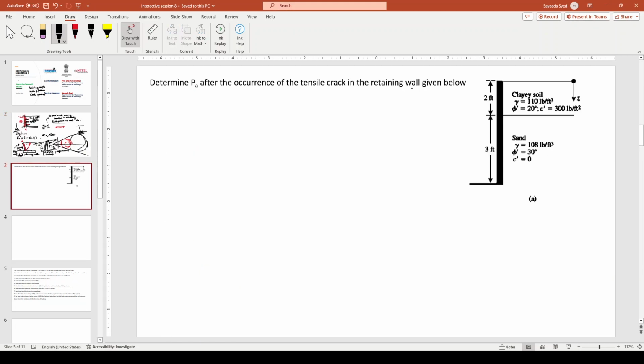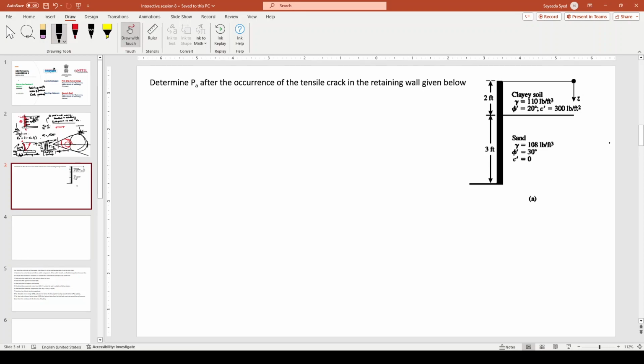We have been given a retaining wall and we have to calculate the active earth pressure occurring after the occurrence of the tensile crack in the retaining wall.